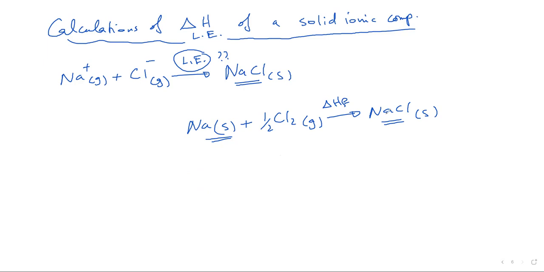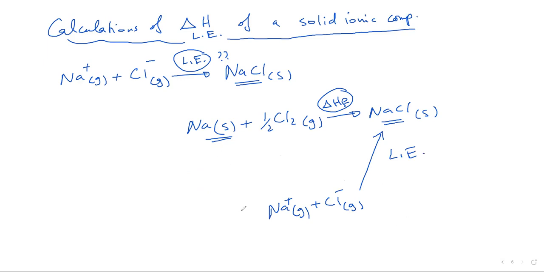Now, we said that this is a route by which, by the enthalpy change of formation, sodium chloride can be formed. And also, we can say that if we add, as we said before, the sodium ion in the gas state plus chloride ion in the gas state, then by the lattice energy, it forms the sodium chloride.